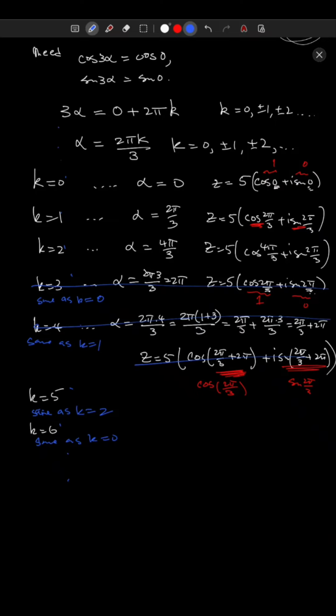All right. So in essence, what looks like an infinite number of solutions, when you actually write them out as z equals blah, blah, blah, and compute the cosines and the sines, you're only going to have 3 different ones.